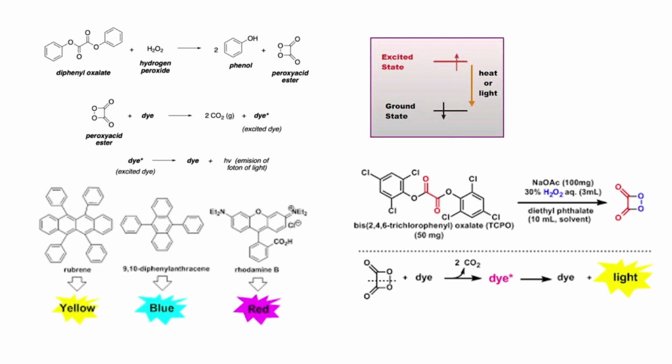You can see the first molecule, rubrene, produces the yellow color, 9,10-diphenylanthracene creates blue color, and rhodamine B creates red color. There are lots of other dyes. The choice of dye will change the color of the glow stick.